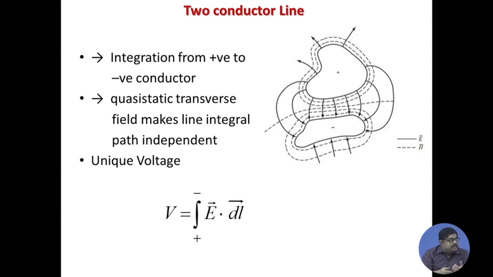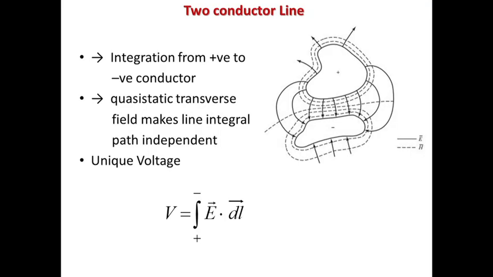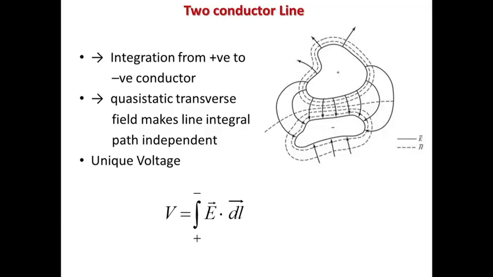Now, quasi-static transverse field: as we said, in two conductors we generally have a quasi-static type of field. Other non-TEM waves also propagate through them, but if we make the quasi-static approximation, the voltage we know is the line integral of the electric field, and generally the unique voltage definition is from negative to positive.